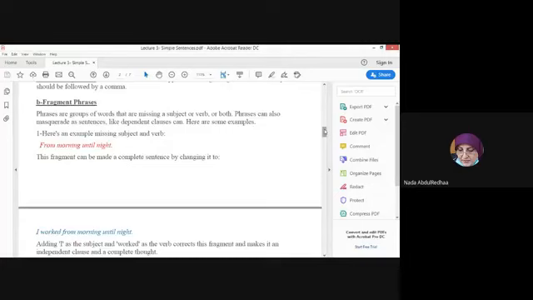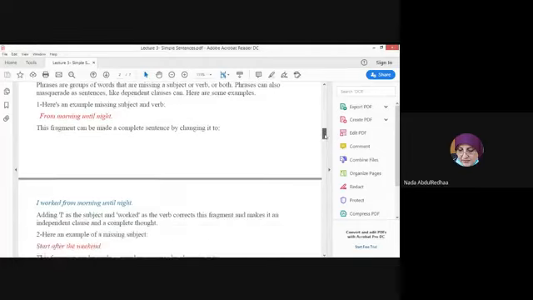For example, from morning until night. This is a phrase. Do you know the name of this phrase? Anyone of you? What do we call such a phrase? From morning till night.